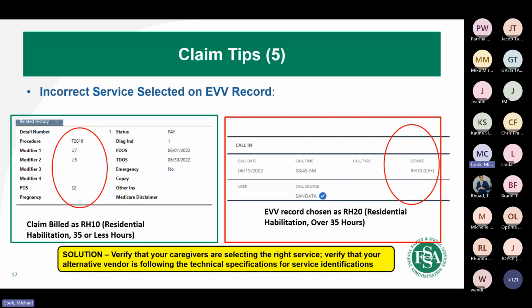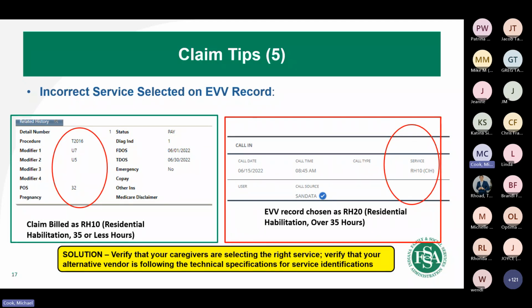But really what we want to show here is that you verify that your caregivers are selecting the right service, and almost as crucially, make sure that your alternative vendor is following the technical specifications for service identifications, so that the procedure code and modifier combinations that you select are corresponding to what SAN data system is configured to look for.